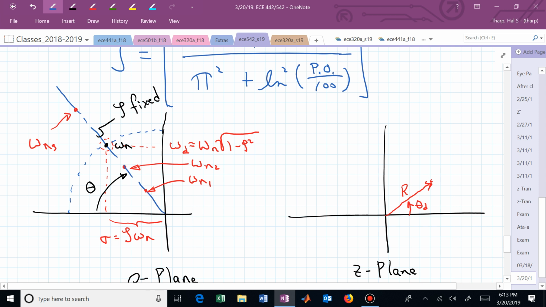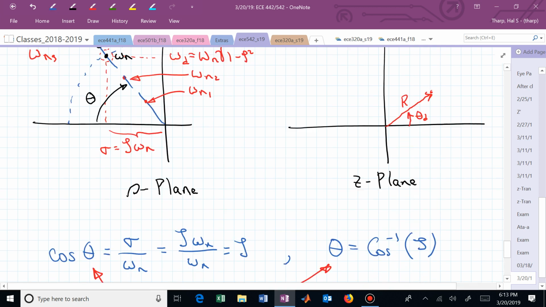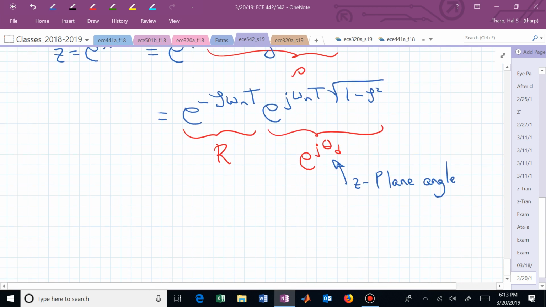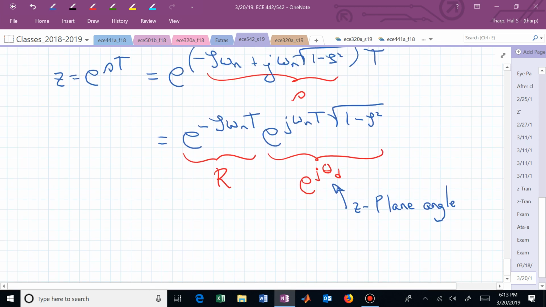What does that look like when we start mapping that in the complex Z-plane? And here's the connection. We fix zeta in capital R and e to the j theta sub d, and we try to get a feel for what R does and what theta sub d does. They're both functions of omega sub n, are they not?